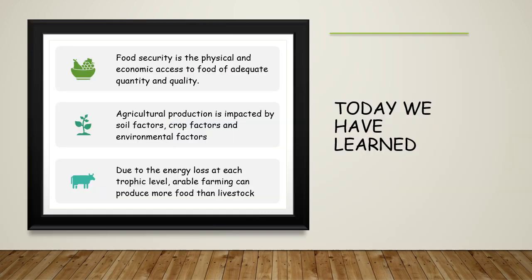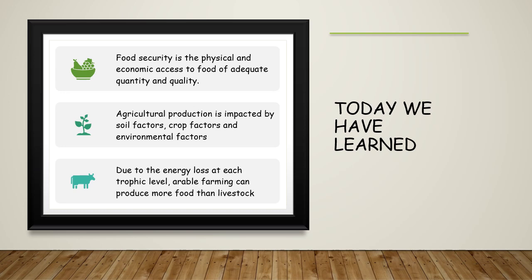So to close off this lesson, the main points that we've learned today is food security. It's about that physical and economic access to food of adequate quantity and quality. So being able to access it, being able to afford it, and then not only having the quantity, but also the right quality of food. It's a challenge for many people around the world.